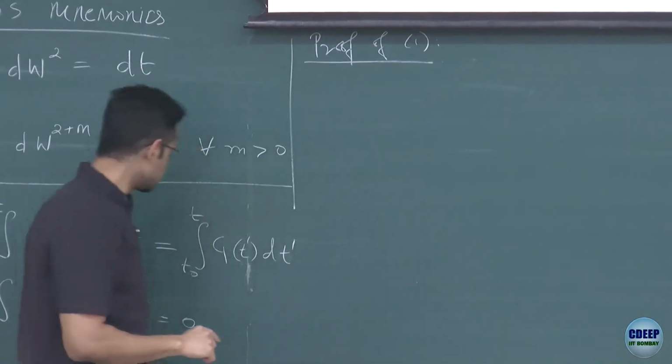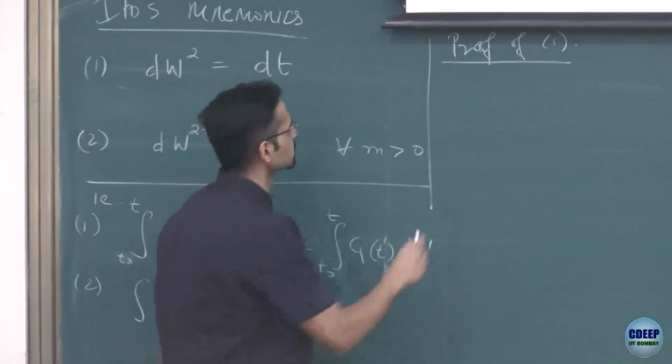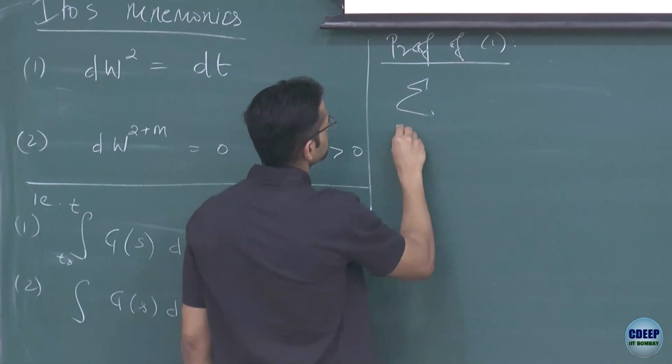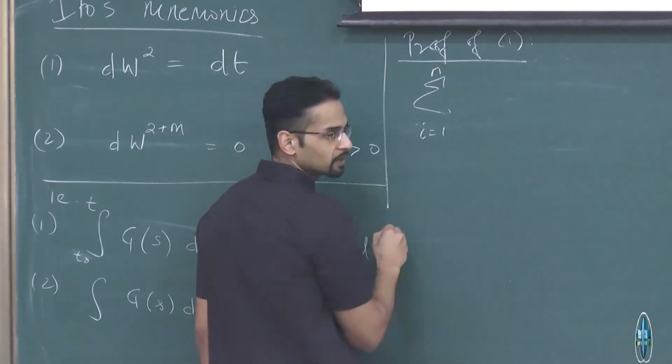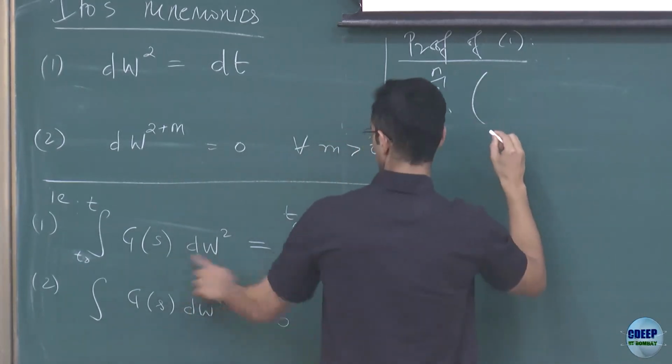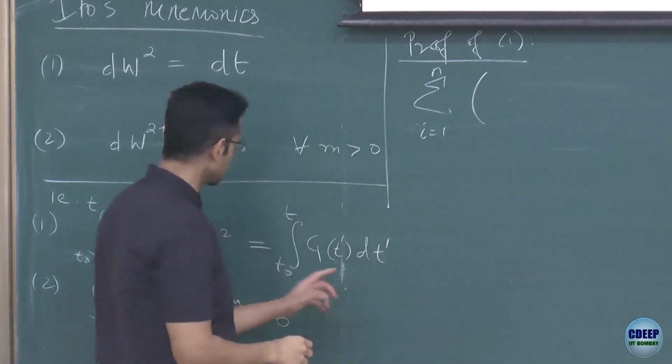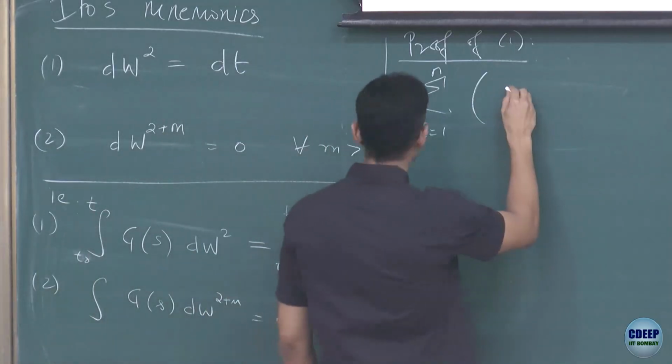So what we want to look at is the difference of these two in the partial sum, from 1 to n. And now the difference of these two must be 0. So I can take the integral common and the G common.